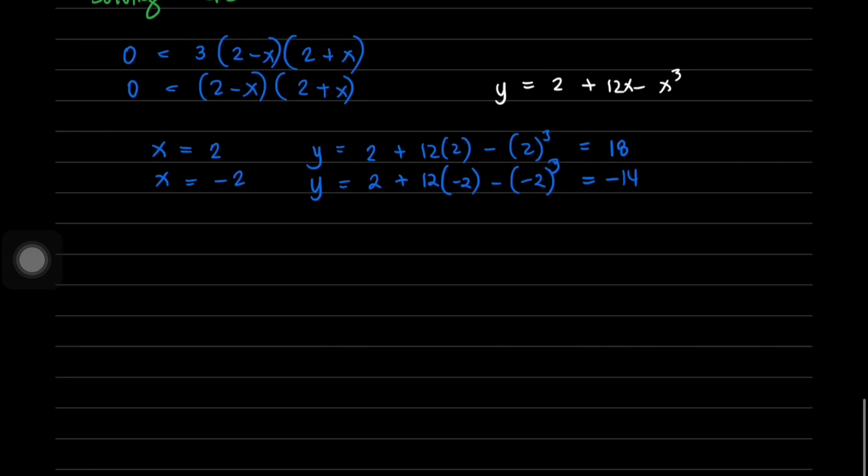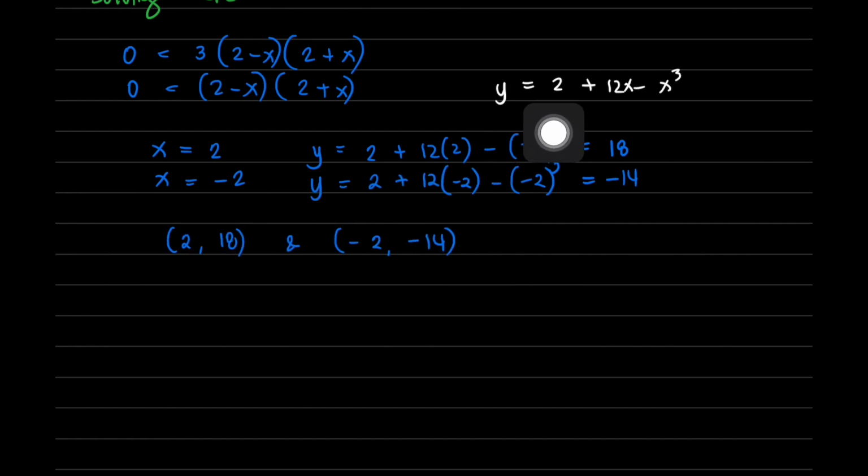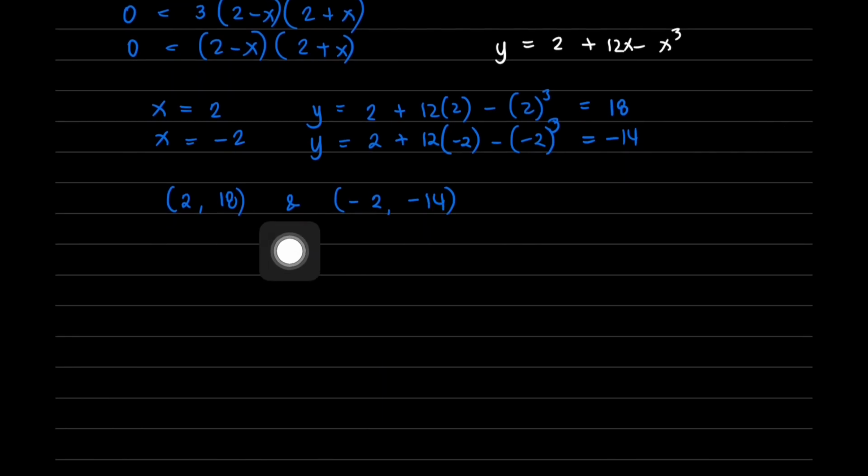Thus, the critical points are located at 2, 18 and negative 2, negative 14. So these are the critical points of the given function y equals 2 plus 12x minus x cubed. Now, the next thing that we're going to do is to classify whether these points are maximum or minimum.